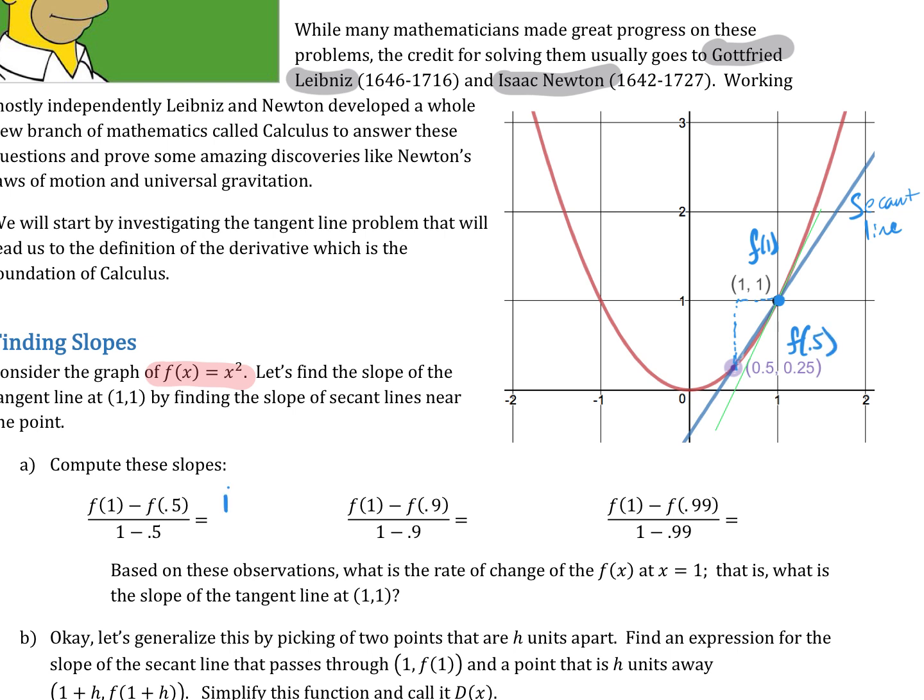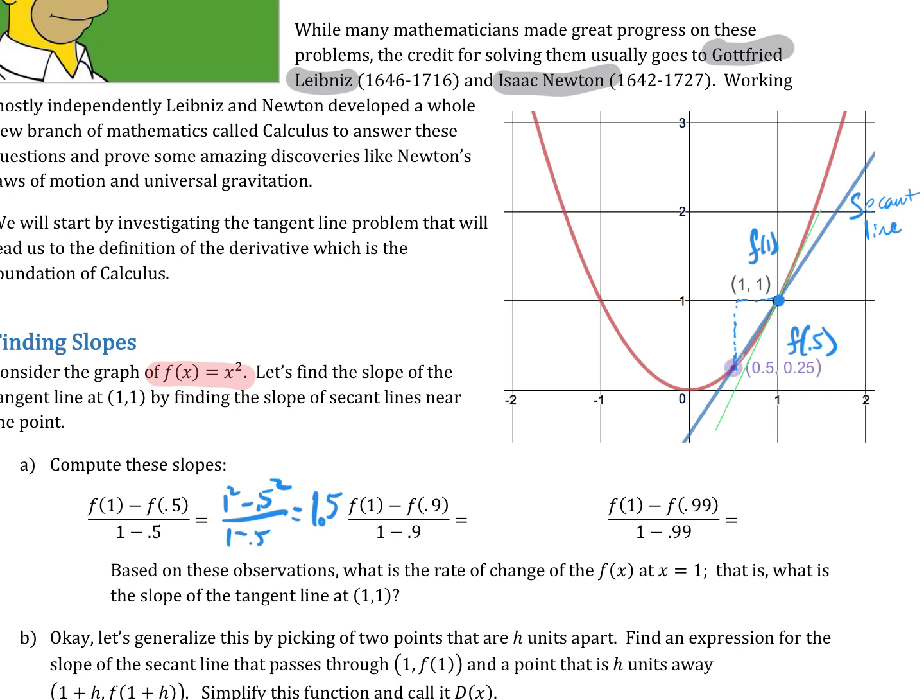So this is 1 squared minus 0.5 squared all over 1 minus 0.5. That's going to come out to be 1 minus 0.25 all over 1 minus 0.5. This comes out to be 1.5 if you use a calculator.